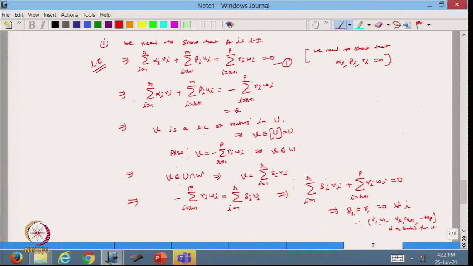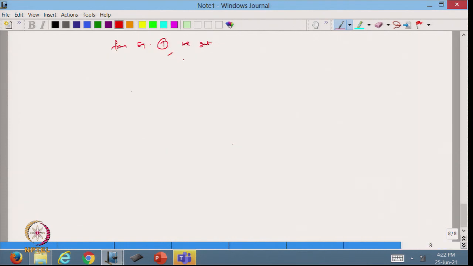So, gamma became 0. So, from here I will get that summation i from 1 to r alpha i v_i plus summation i from r plus 1 to m beta i u_i, that became 0.